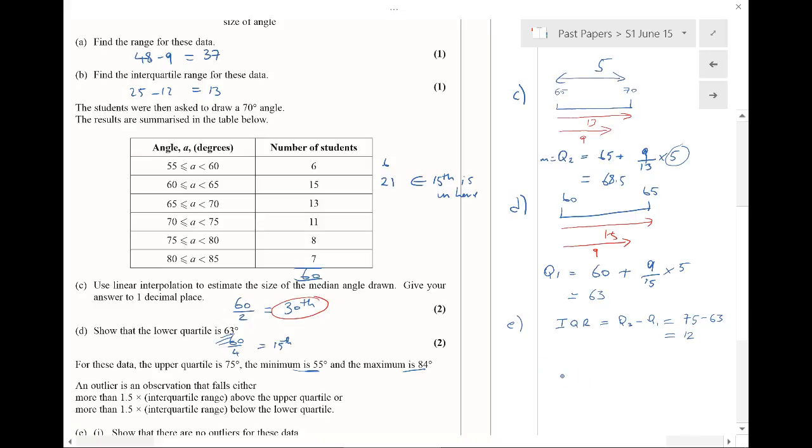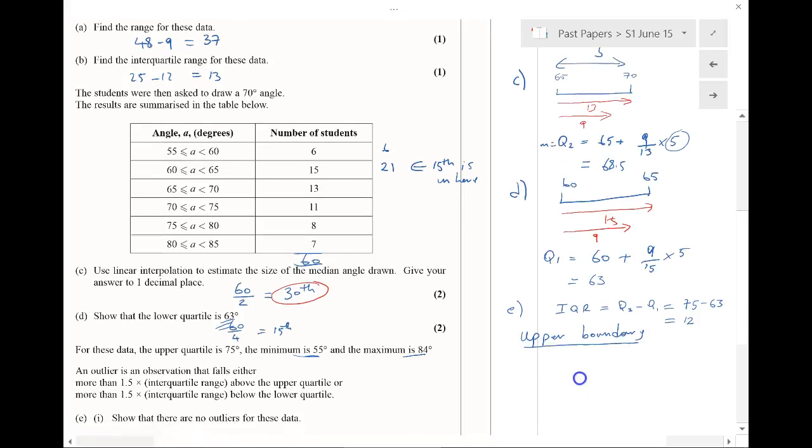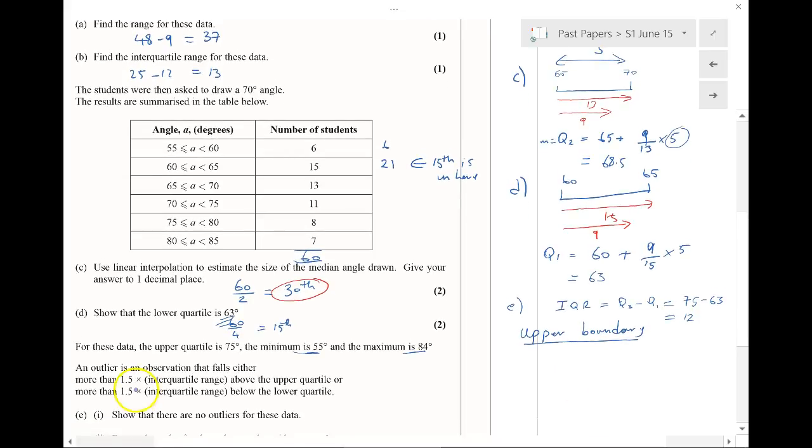Okay. And so therefore what we're looking for is the upper boundary. And we're basically finding a number, and if any numbers lie above that boundary, then there's an outlier. So the upper boundary, they're telling us what it is. It's more than 1.5 above the upper quartile. So in other words, Q3 plus 1.5 times IQR.